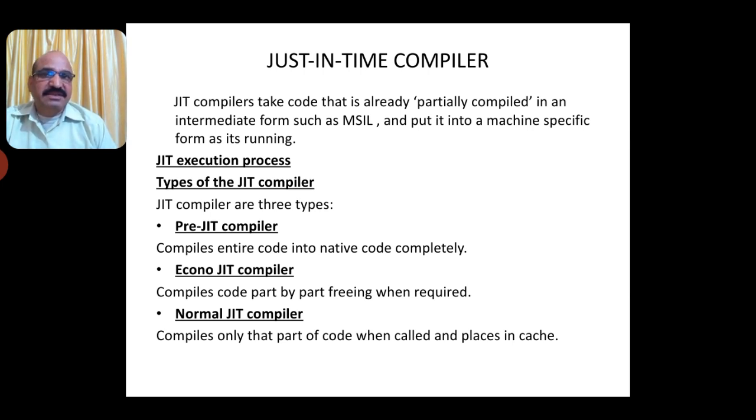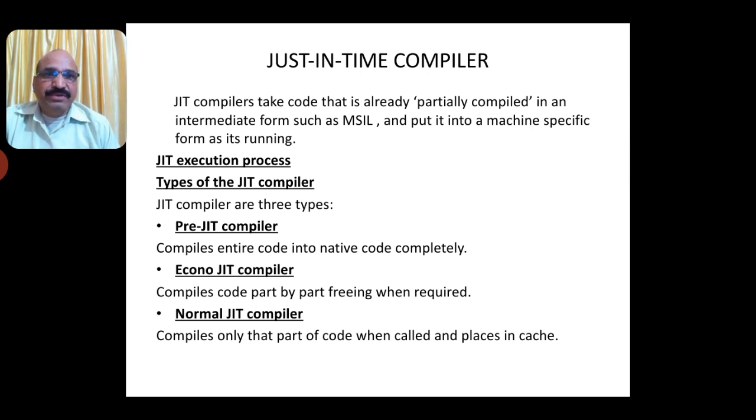Pre-JIT sits at the stage of deployment of the application. So we use the pre-JIT compiler when we want to deploy an application. In a single cycle, this compiler compiles the code and then we can deploy the application.